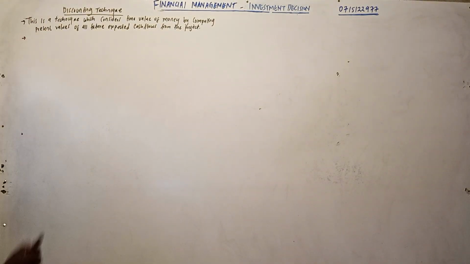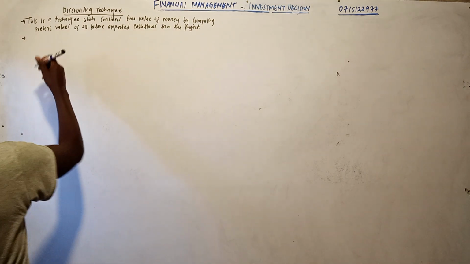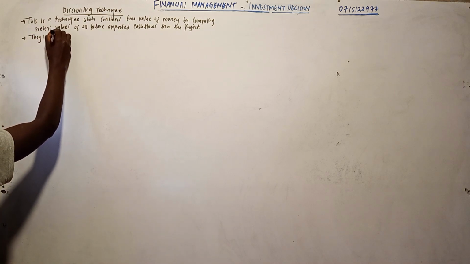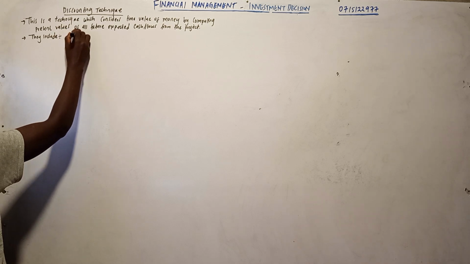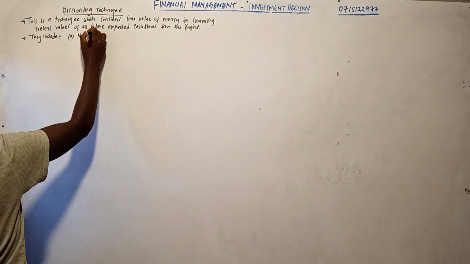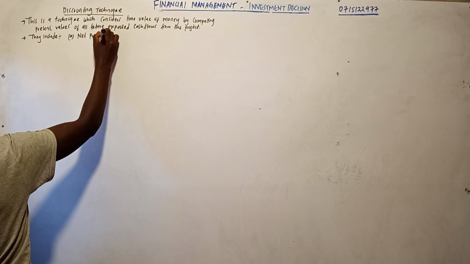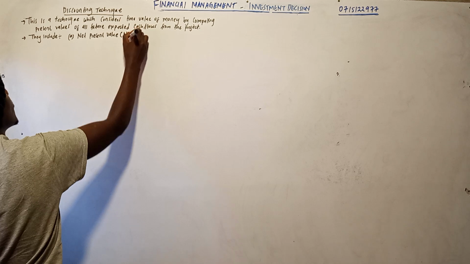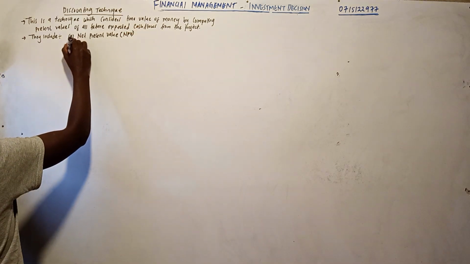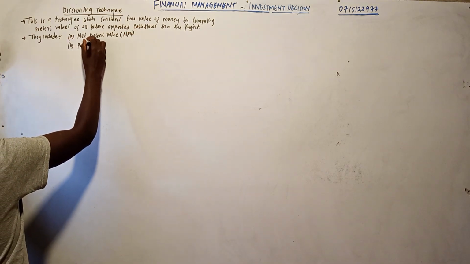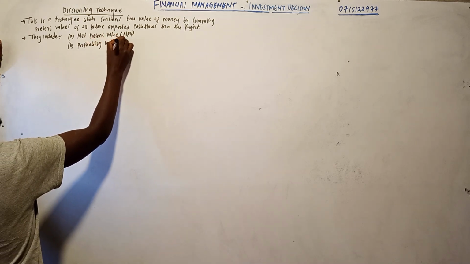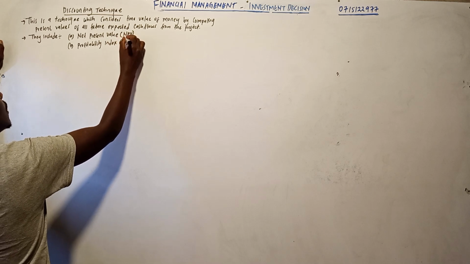That's number one. They include: A, net present value, which is NPV. B, profitability index, which is PI.